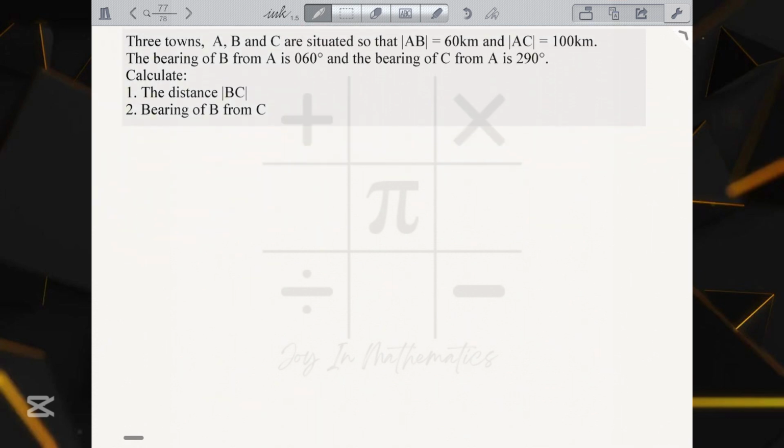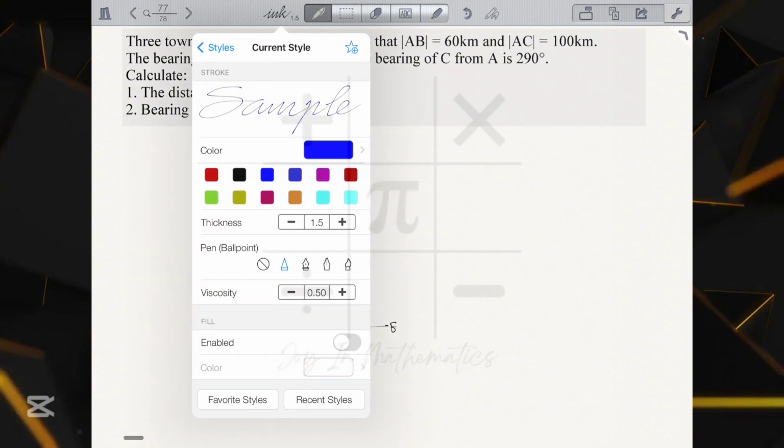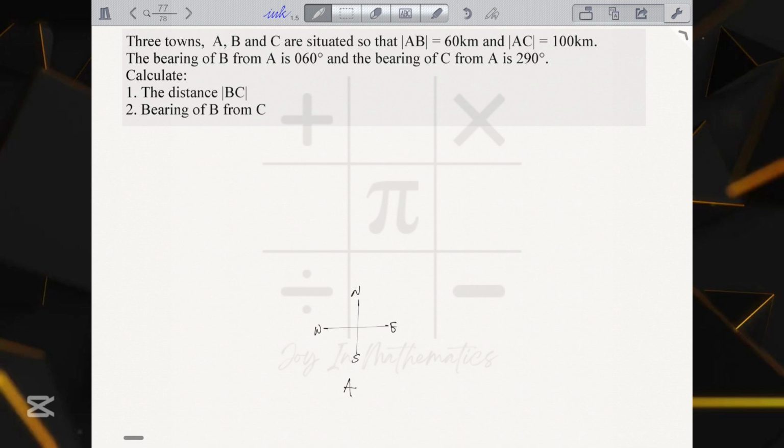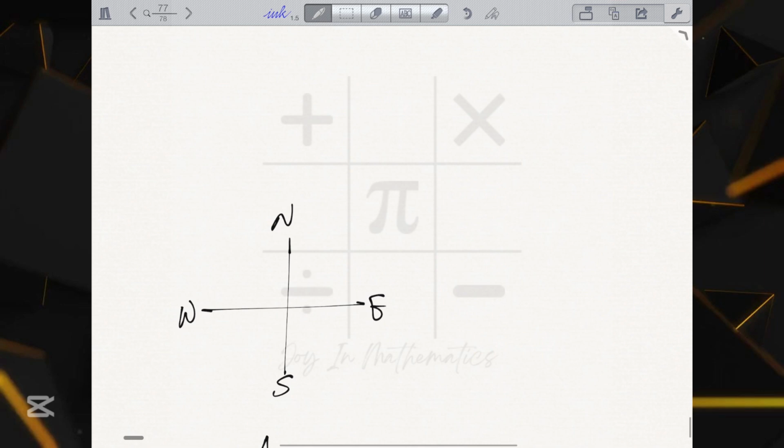So let's assume we have A here, with north, south, east, and west. Now this is point A, and the bearing of B from A is 60 degrees. So we have 60 degrees, which is less than 90 degrees.